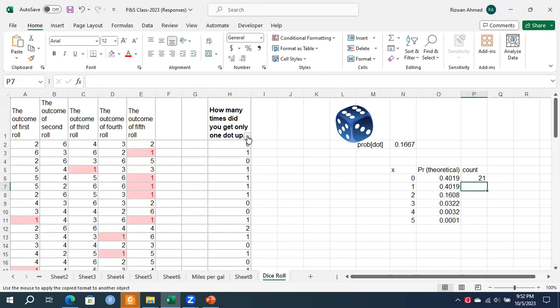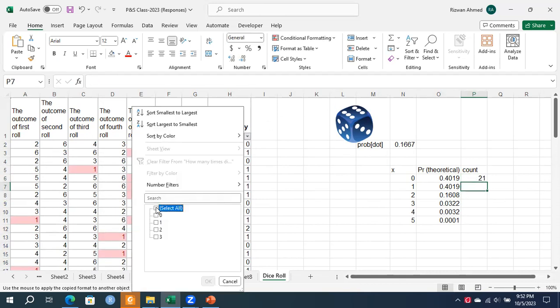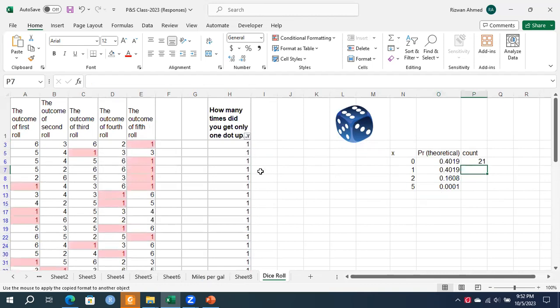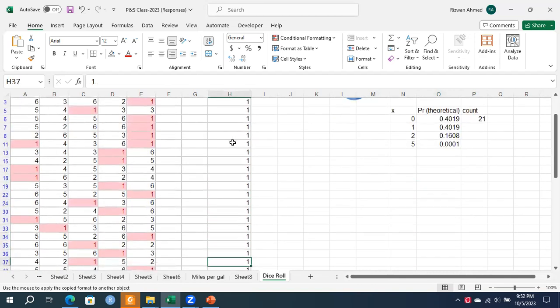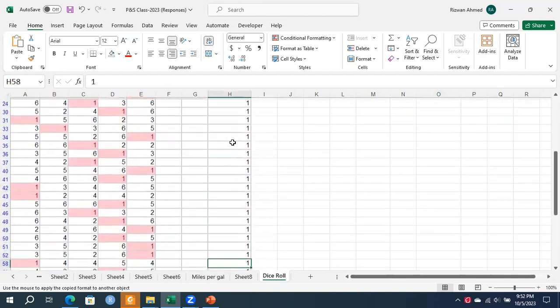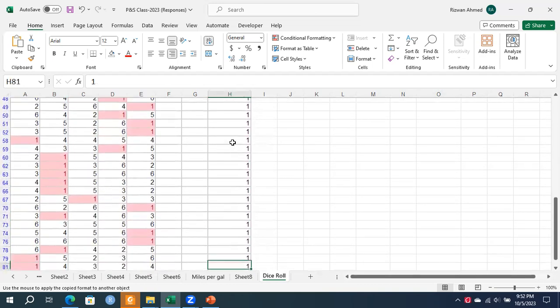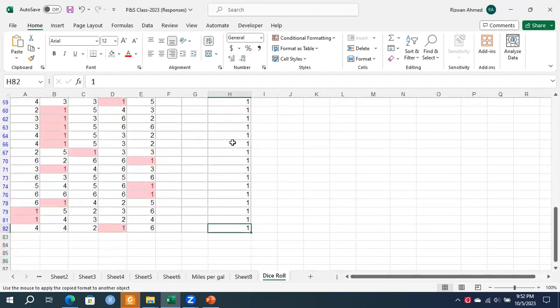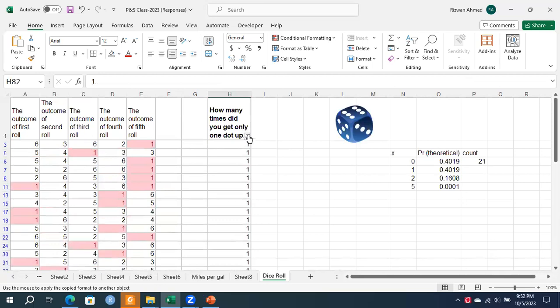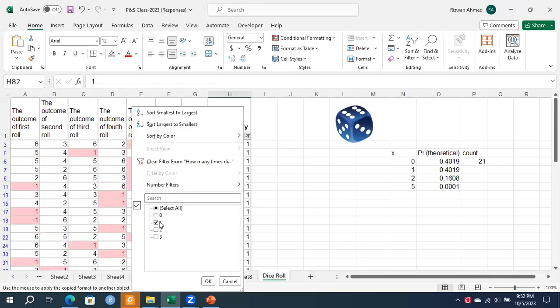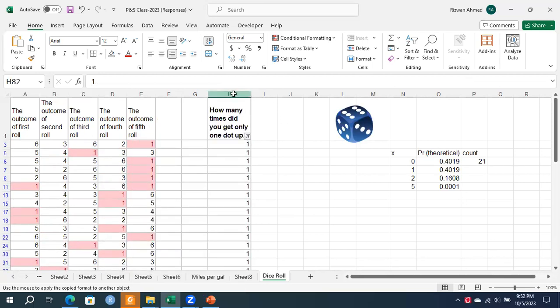Now let's count for the experiments in which we got the one dot once in 5 trials. So one. So it seems this is the correct outcome. It's a fairly big number. So how much is this number? Well, I have to select it and then see.